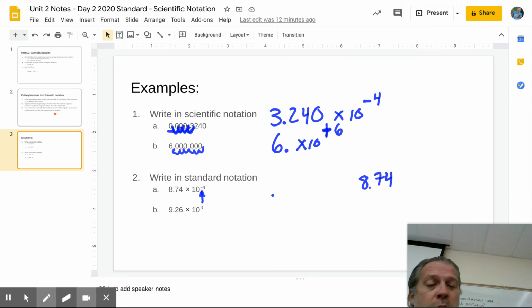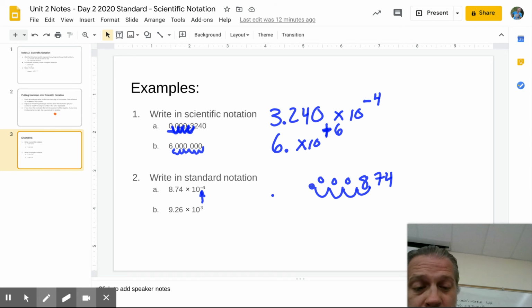And then I'm going to start moving the decimal to reflect the -4 places that the decimal was moved before. So I'm going to move it 1, 2, 3, 4 spots. And by moving it 4 spots, I'm going to go ahead and add 0, 0, 0. And then here's going to be my decimal.